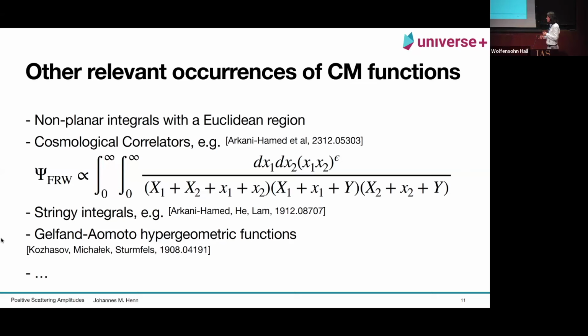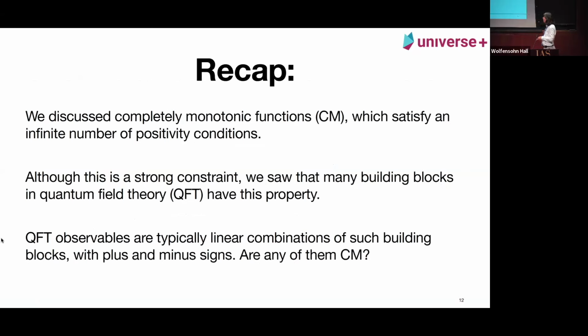And also there was this paper which is called positivity certificates, where in particular it's shown that certain hypergeometric functions have this property. So just a recap, we've discussed what completely monotonic functions are. I've argued that they appear in many building blocks in quantum field theory.